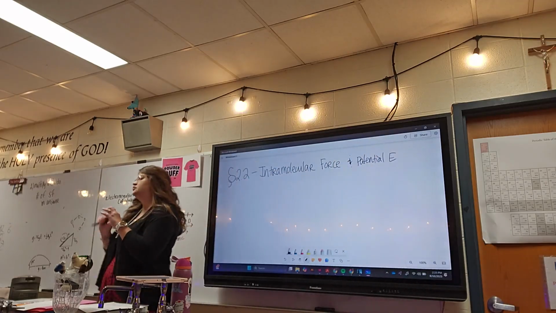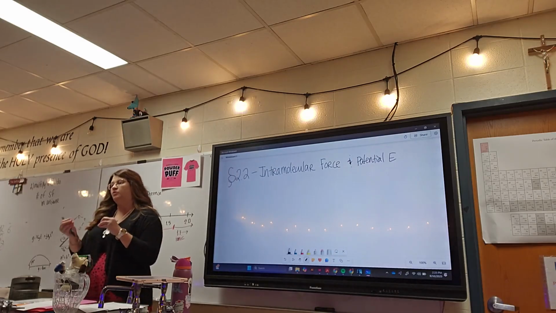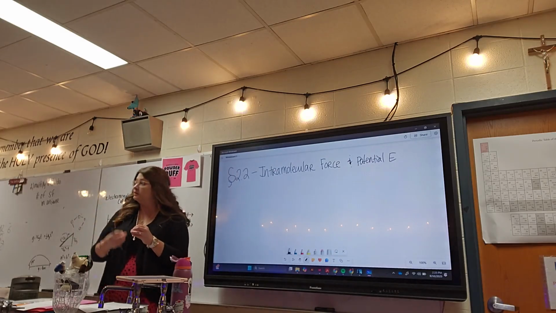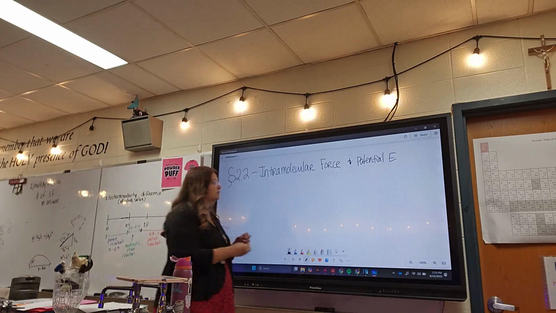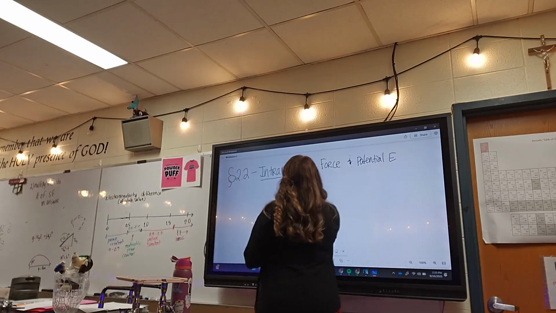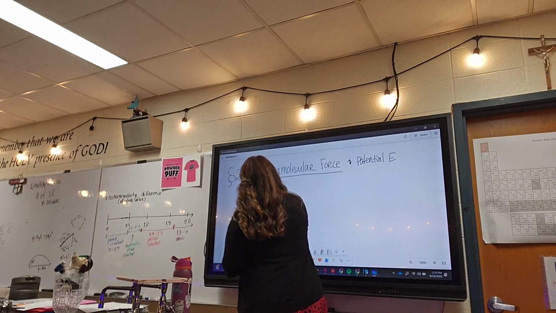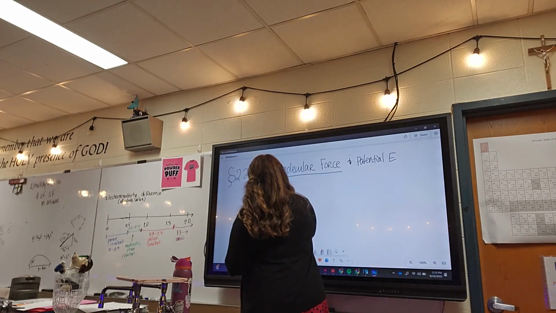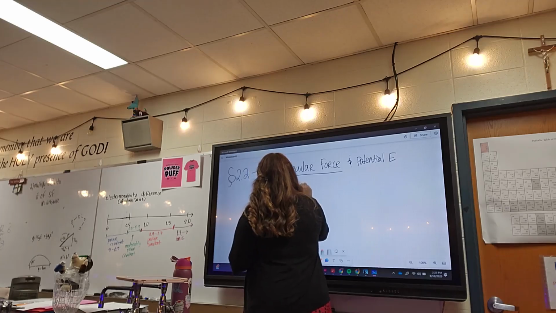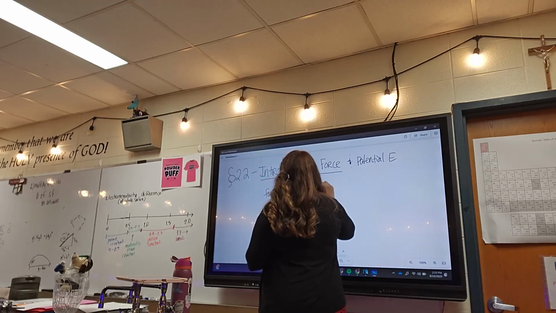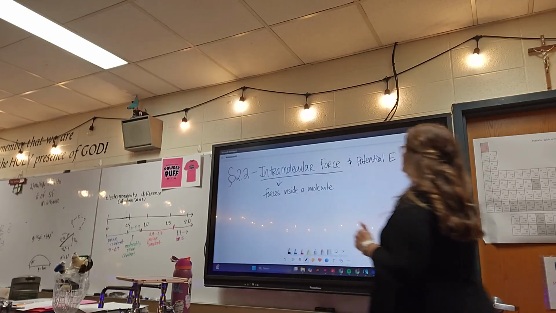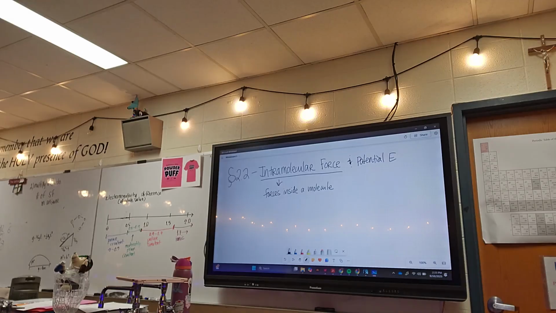Not what's happening between 2 molecules, but what's happening inside the molecule itself. So, we have that as our little definition.